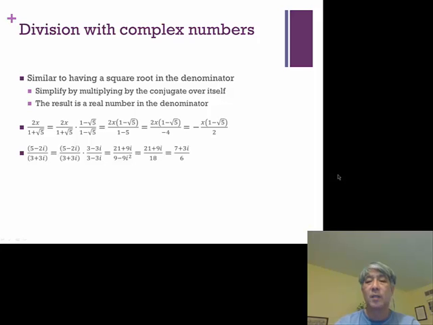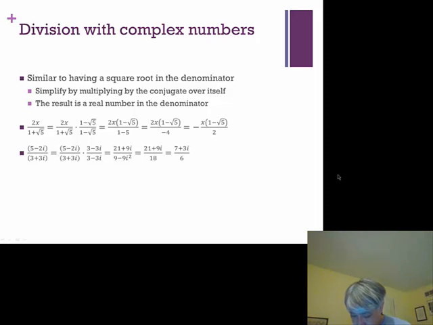And after I simplify, it simply becomes 7 plus 3i divided by 6. Unfortunately, I think I have an error in the top part because I assumed I had the same multiplication as before, but that was 5 minus 2i times 3 plus 3i. In reality, it should be something different, so let's do that one on top.